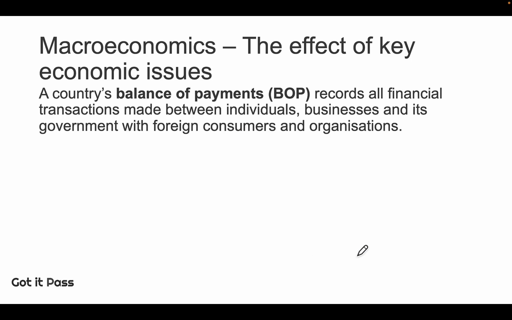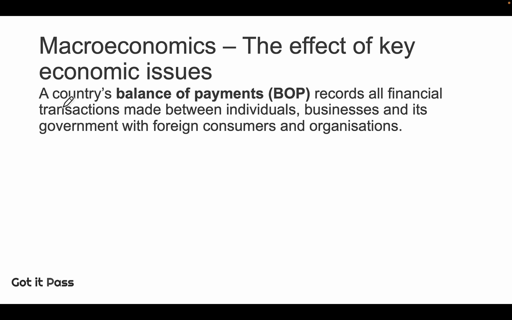And the final economic issue that I would like to share is balance of payments. The balance of payments for a country records all financial transactions made between individuals, businesses, and its government with foreign consumers and organizations.